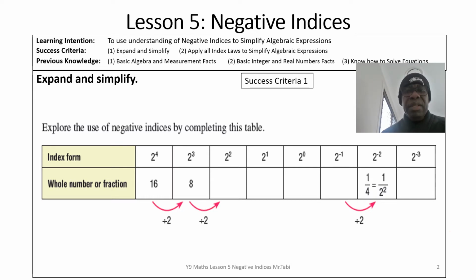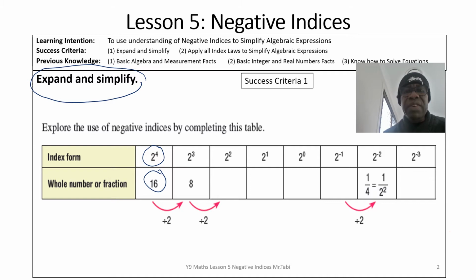When we discussed the 0 power, we had something similar like this to observe the pattern. So we are applying the first success criteria, which is expand and simplify, to what we have here. Now, 2 to the power 4 is 16, and we know 16 divided by 2 is 8.